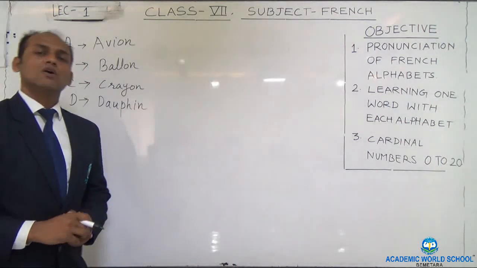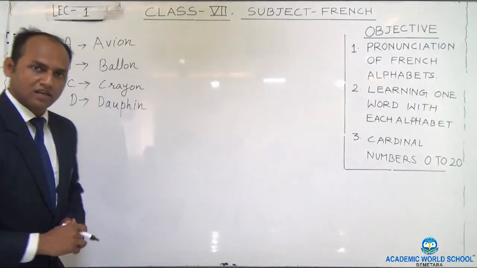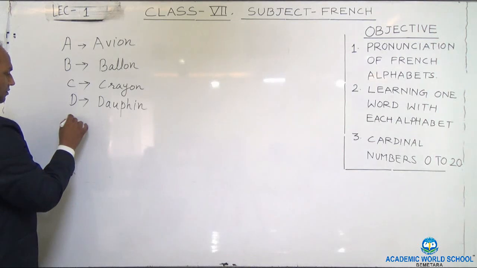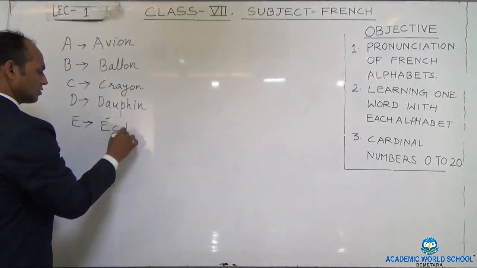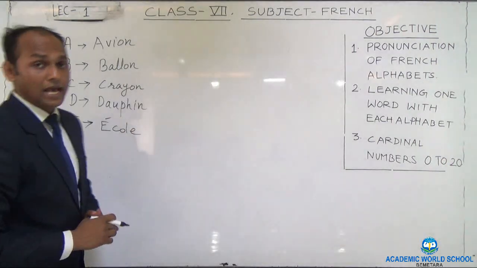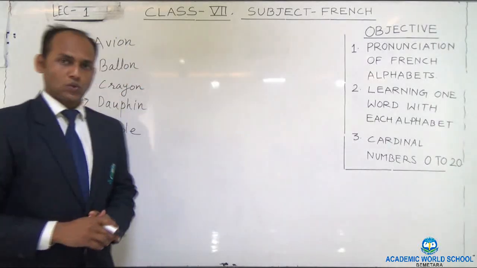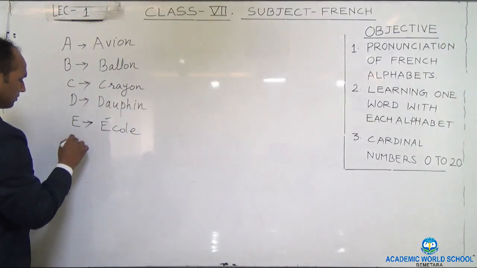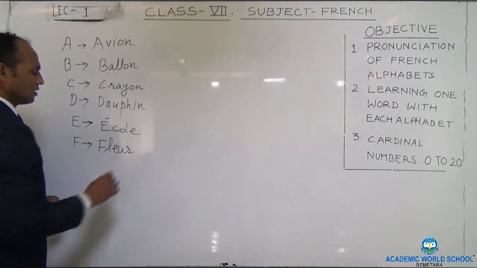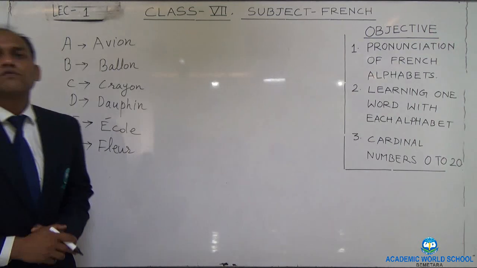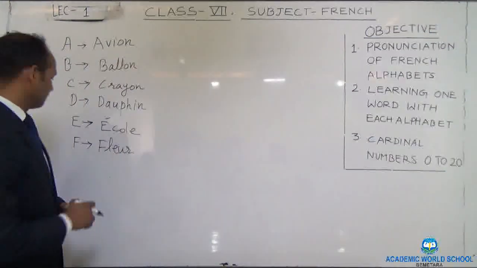Dauphin means dolphin. E: École. École means school, our school. F: Fleur. Fleur means flower.